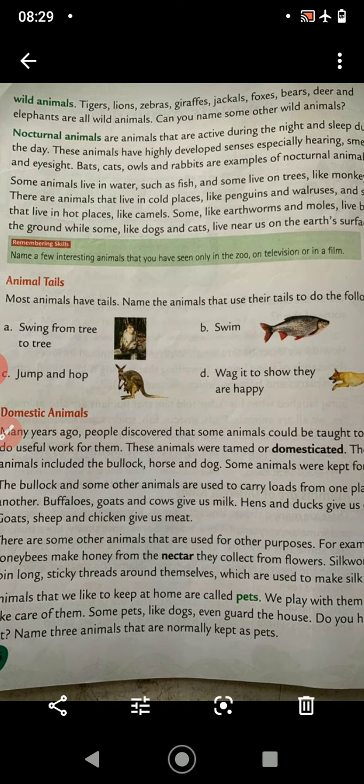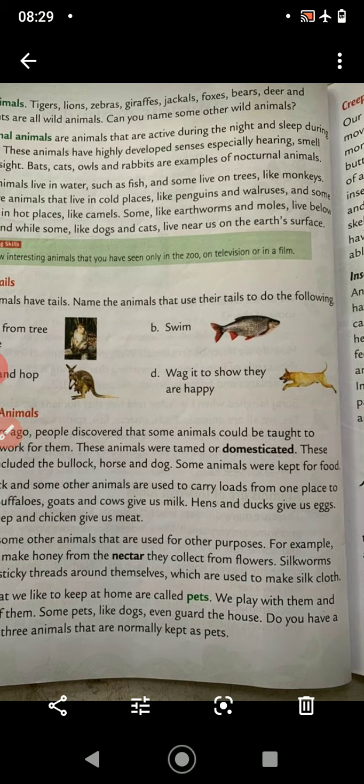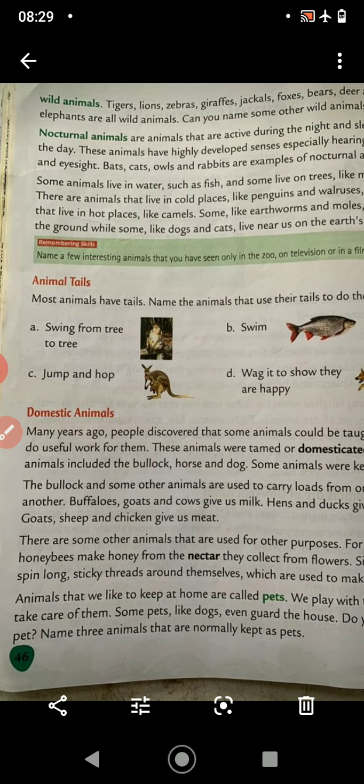These are the animals and where they live. You have to write this down or just underline it in the book so that you will remember. Animals who live in water: fish, and many others, crab, sharks, lobsters. Some animals live on trees, you all know the examples.